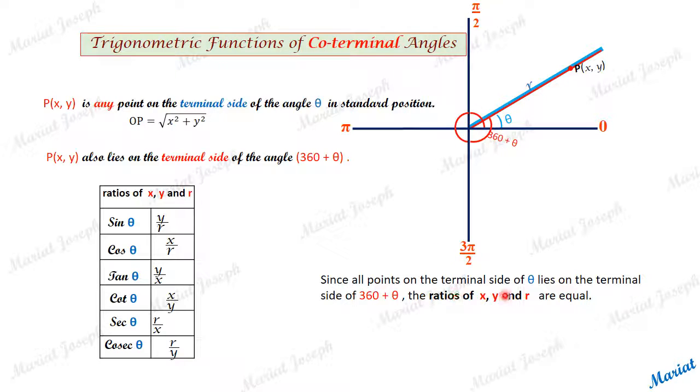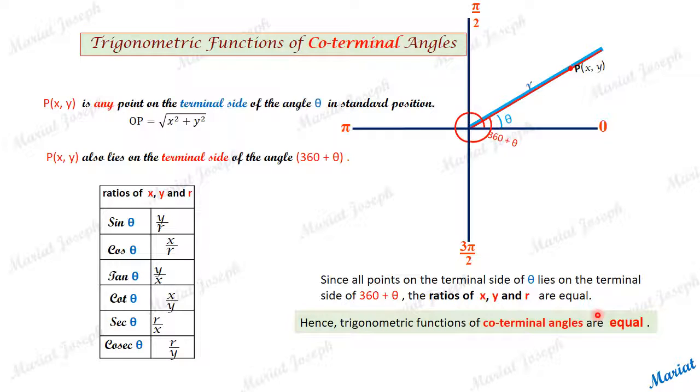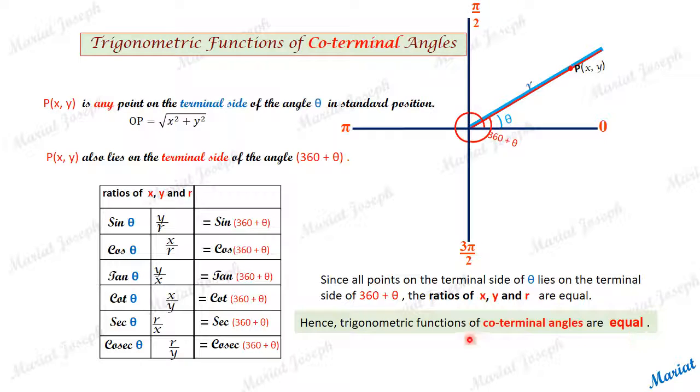Trigonometric ratios of this new angle will be the same. Since all points on the terminal side of theta lie on the terminal side of 360 plus theta, the ratios of x, y, r are equal. Hence, trigonometric functions of coterminal angles will be equal. So, this angle 360 plus theta's trigonometric ratios will be the same as angle theta's.